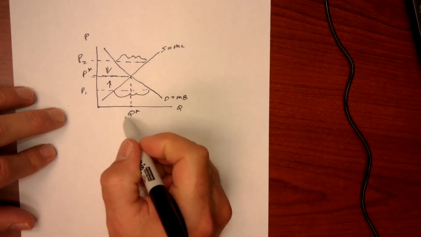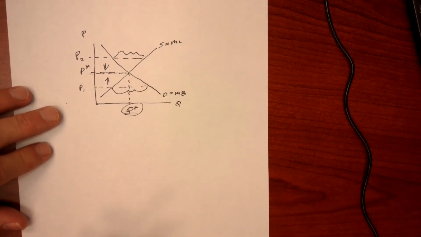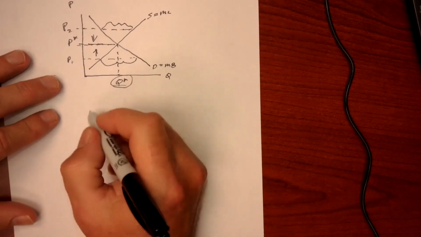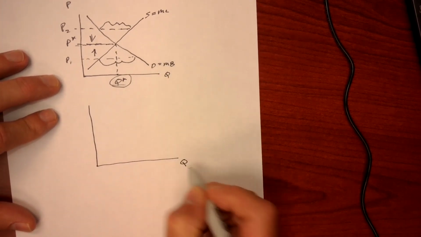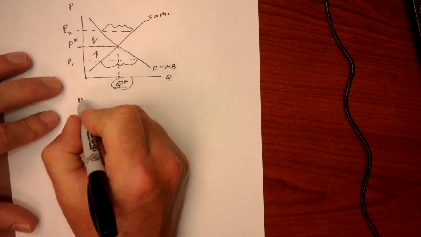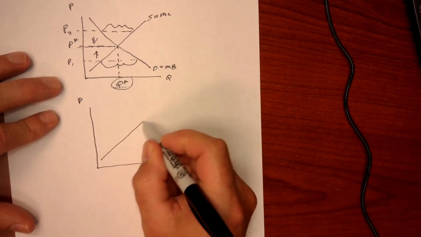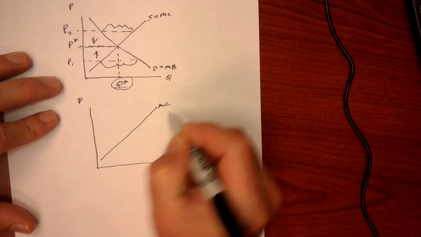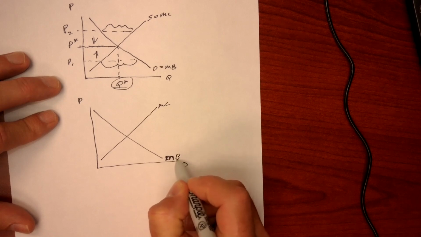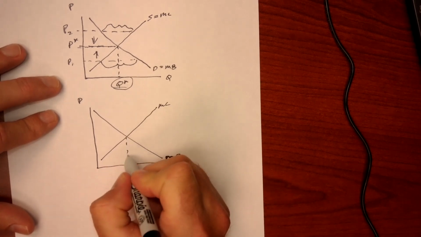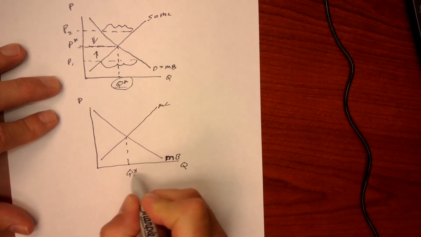Question is, why is Q star equilibrium quantity? That's where we break out, I'm just going to separate out marginal cost and marginal benefit just so it's clear. Marginal benefit. So why is Q star equilibrium quantity?